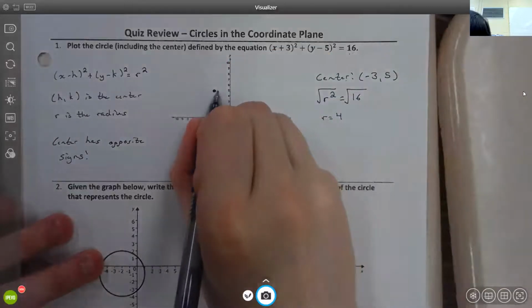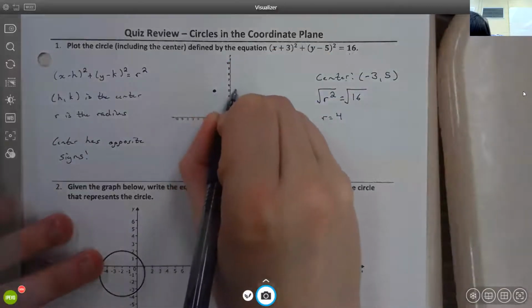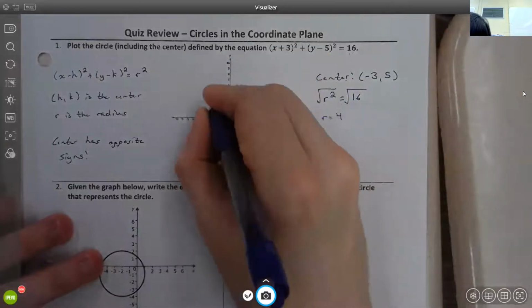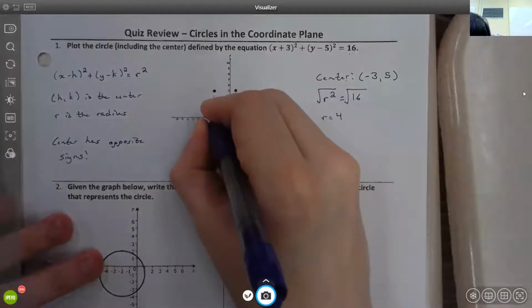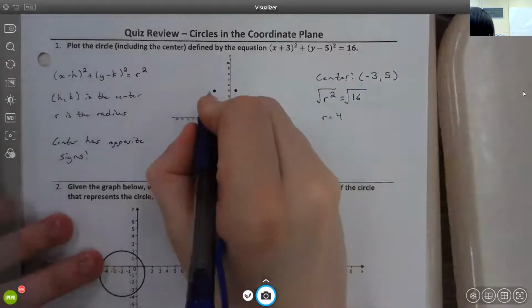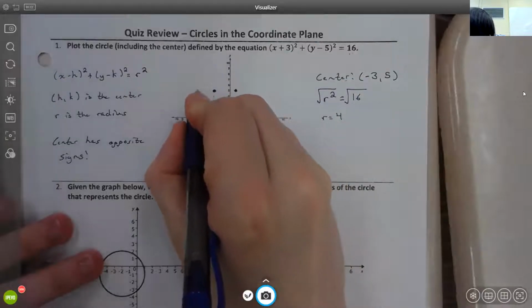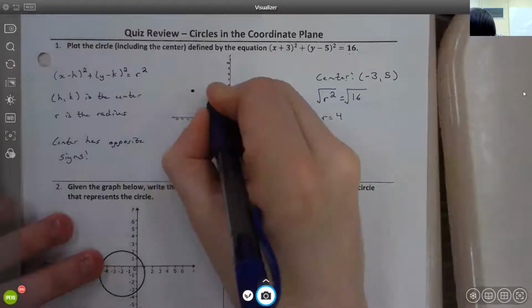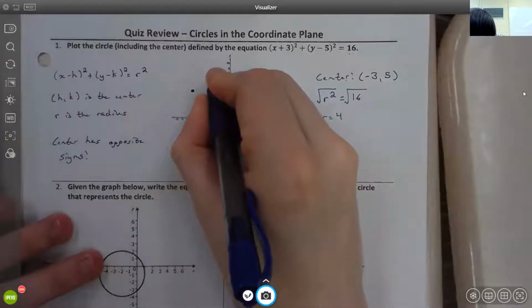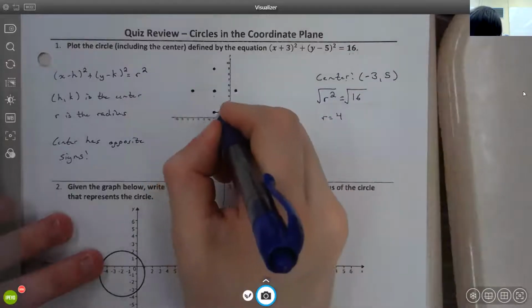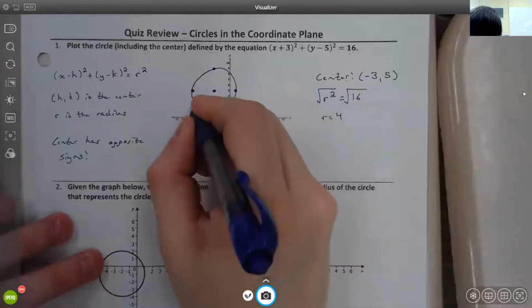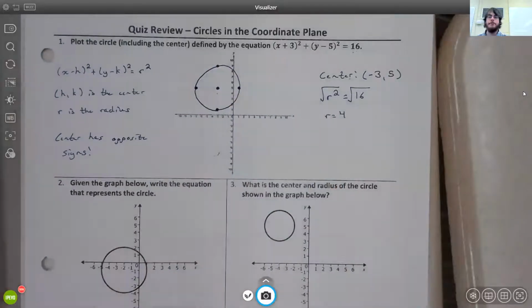So we go right 1, 2, 3, 4. We go down 1, 2, 3, 4. Make sure you start at the center each time. 1, 2, 3, 4. 1, 2, 3, 4. And now we just connect our circles best we can. Hey, that wasn't half bad. And that does it for number 1.